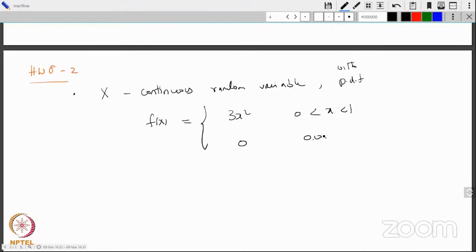That's the PDF, right? Outside 0, 1, the density is 0. And you're asked to find the distribution function of it.